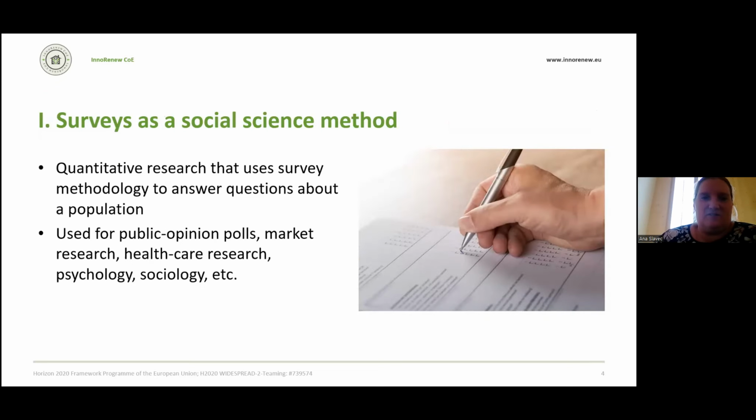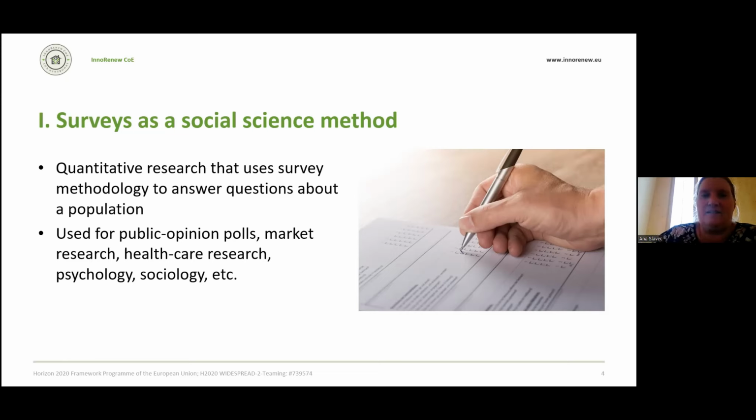Surveys are widely used in social sciences by researchers in different fields, but not only by researchers. They're also used for public opinion polls, for market research, healthcare. So they have a lot of applications, and they are not used only by social scientists.